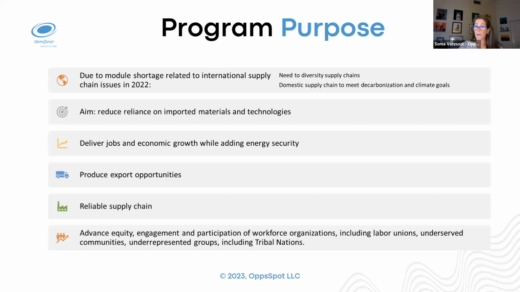We need to diversify those supply chains, and we need to do it domestically, as well as meeting the decarbonization and climate goals. So we're going to aim at reducing that reliance on imported materials and technologies, and we're going to keep in mind that we want to have some domestic economic growth in the United States. So we want to see how we're going to have an increase in jobs, and also keeping in mind that we have to secure our energy.